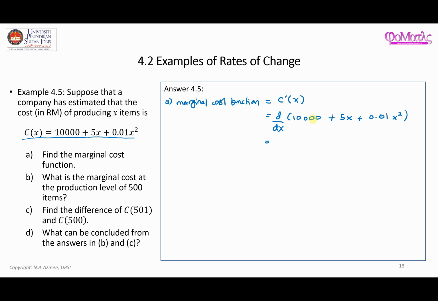If you differentiate the constant, you will get 0. Differentiate 5x, you will get 5. For this term, the constant is put aside, and x squared becomes 2x, which can be simplified as 5 plus 0.02x.